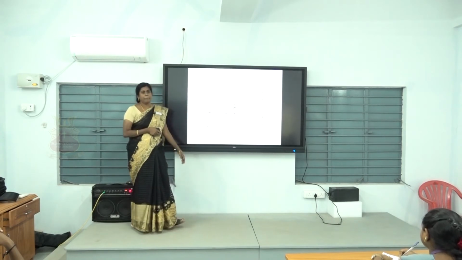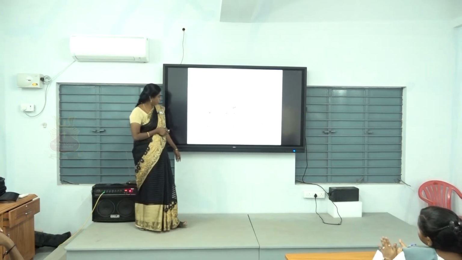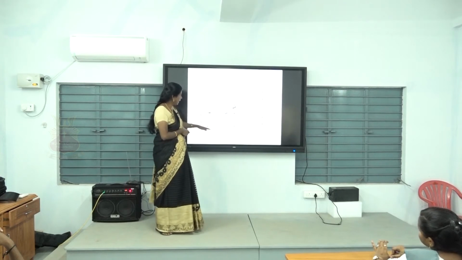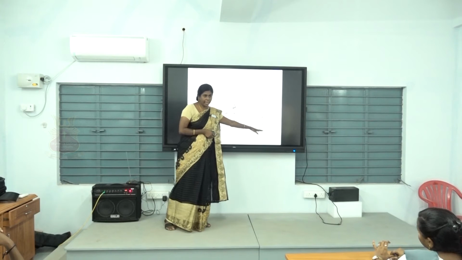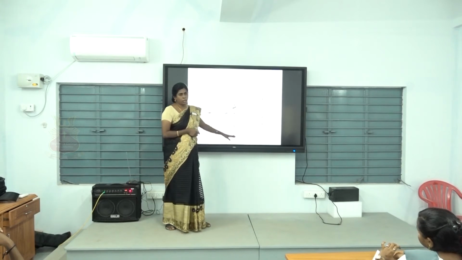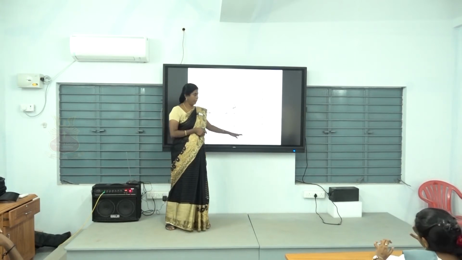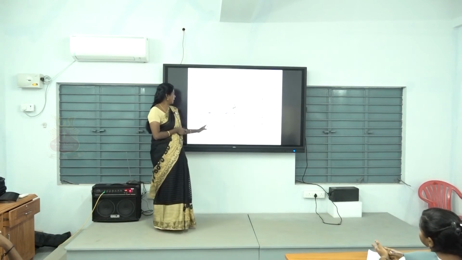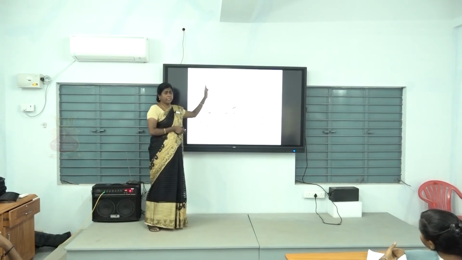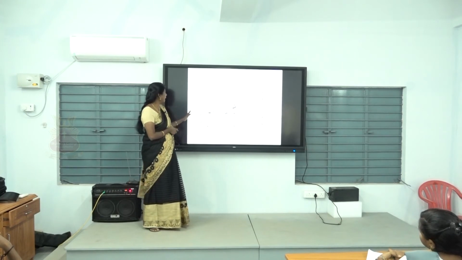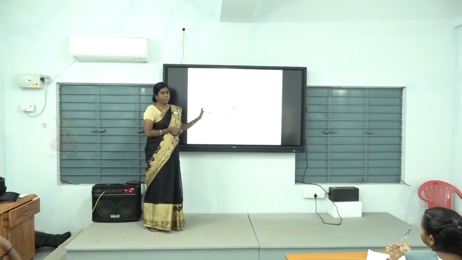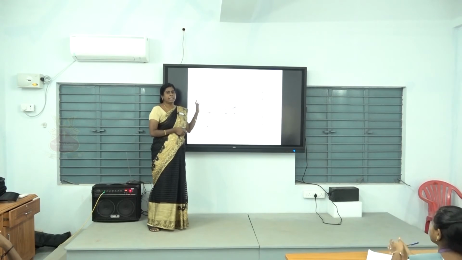This is the break-even chart. Here the x-axis, this is the horizontal line. It represents the volume of production. Okay, this is the y-axis. The vertical line of this chart represents sales and cost of production and sales.